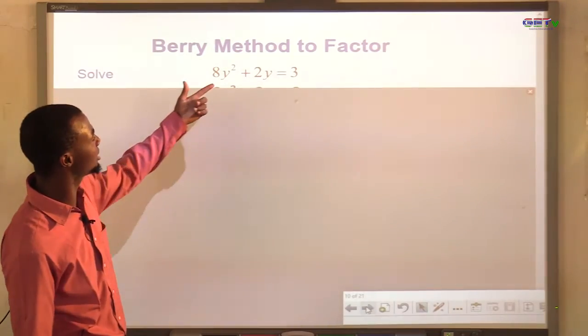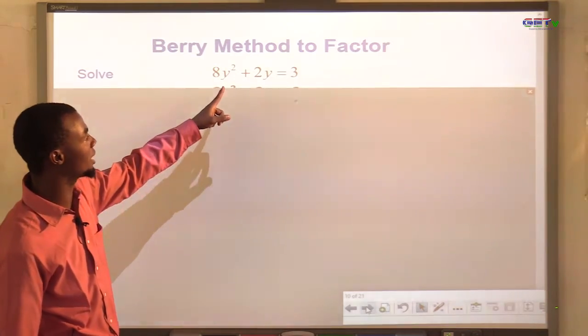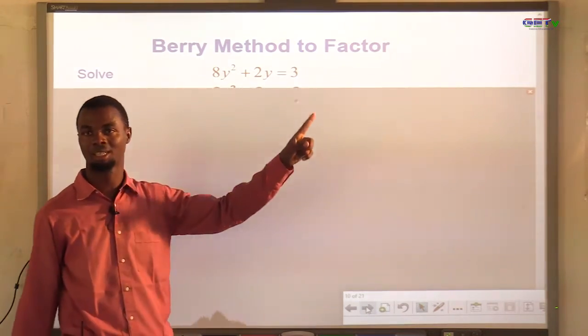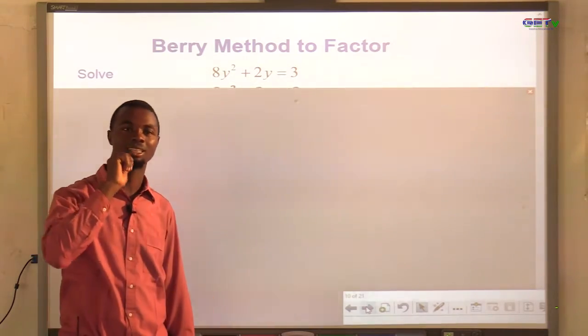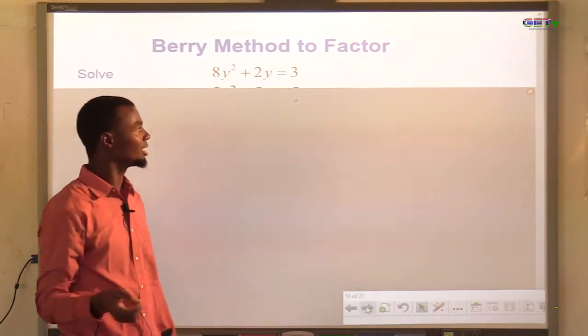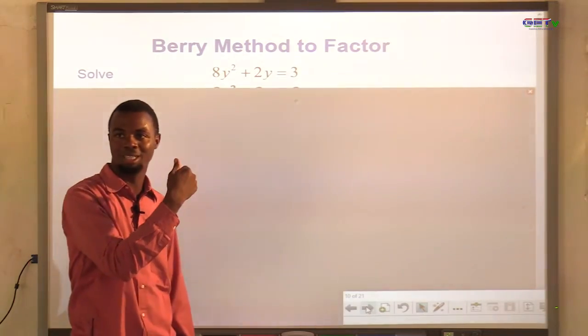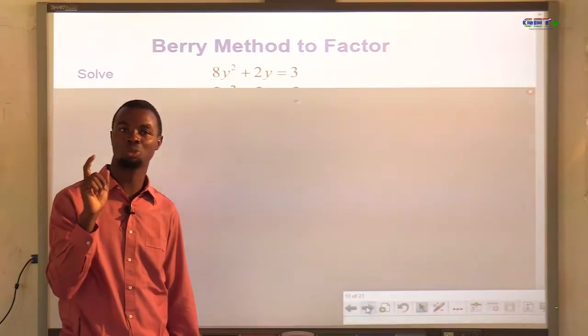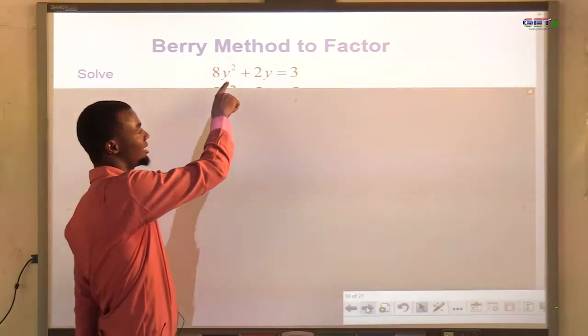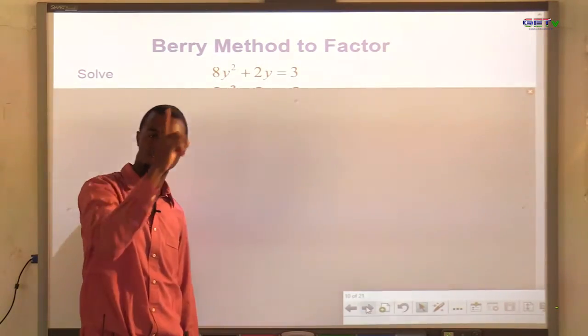Now this is another equation, 8y squared plus 2y equals 3. Because there is a square on the variable, it is a quadratic equation. Now, from the explanation from the last slide, when a does not equal 1, you can look at this, the square term, the coefficient is not 1.